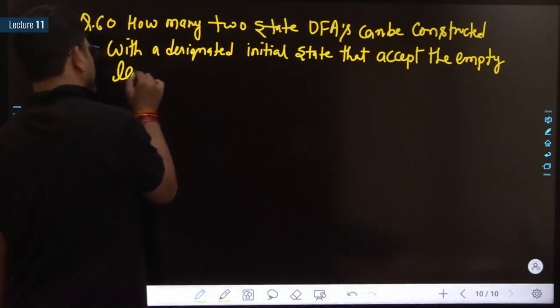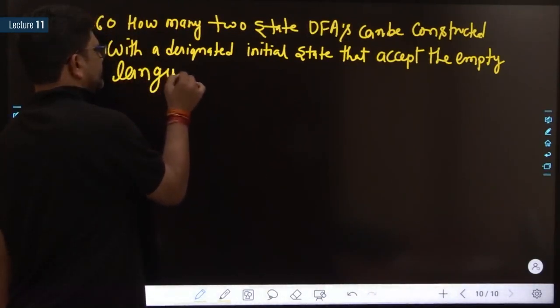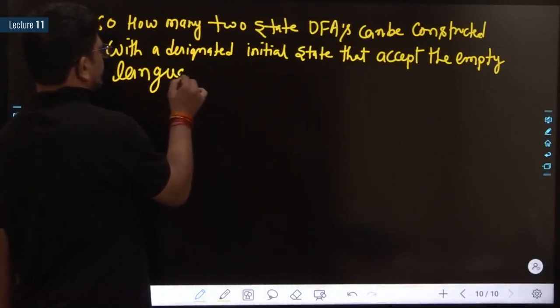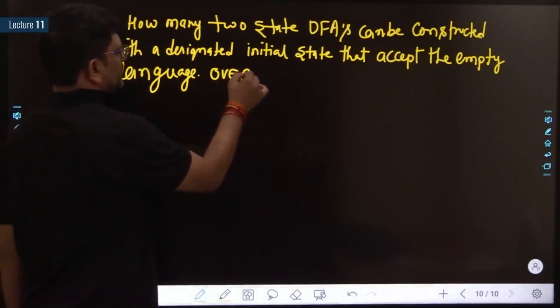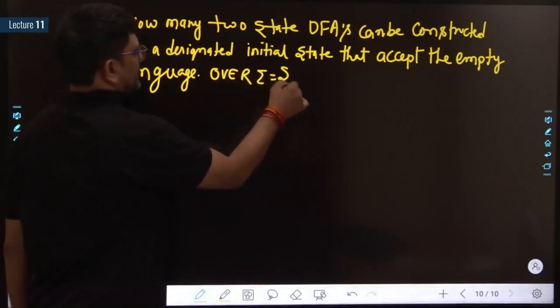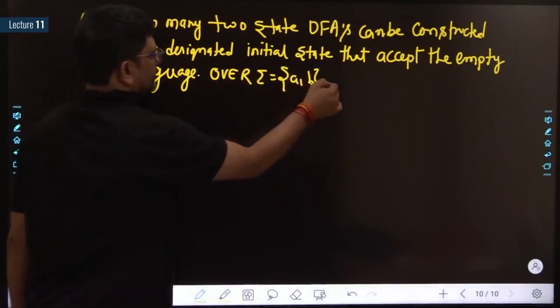Please try to do this question. Empty language means phi. Initial state is fixed.